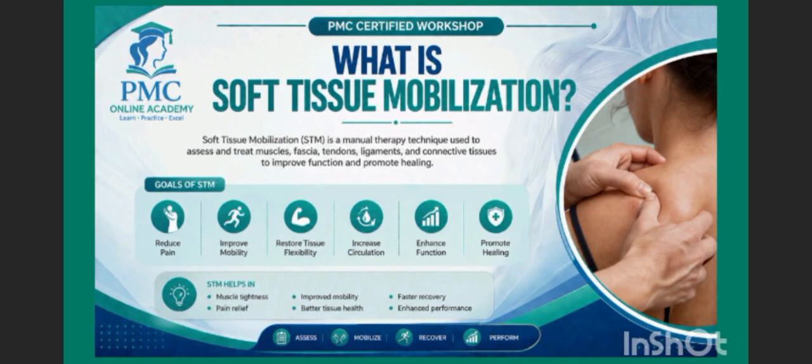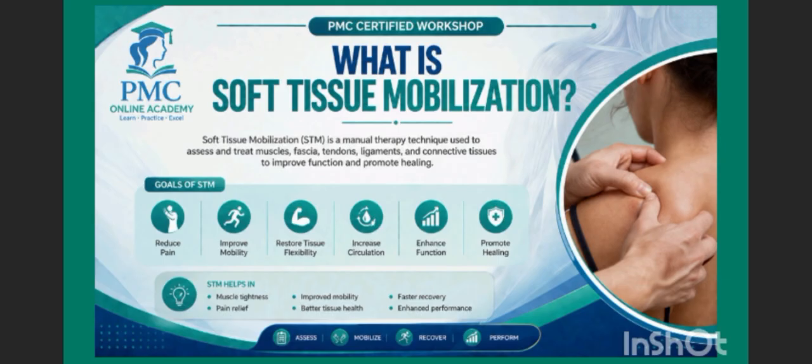Now you should know what STM is and why it is not simply a massage. Okay. Now you should know that STM is not simply a massage. This is the common misconception. Massage is generally used for relaxation and improving circulation, whereas soft tissue mobilization is a clinical evidence-based treatment.